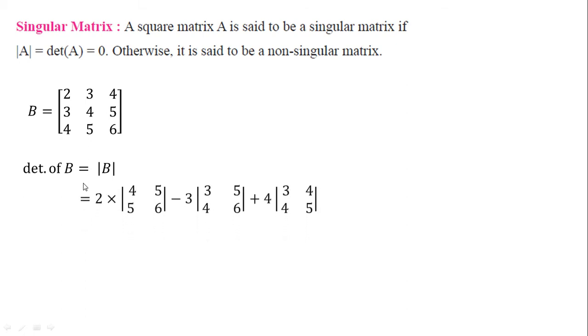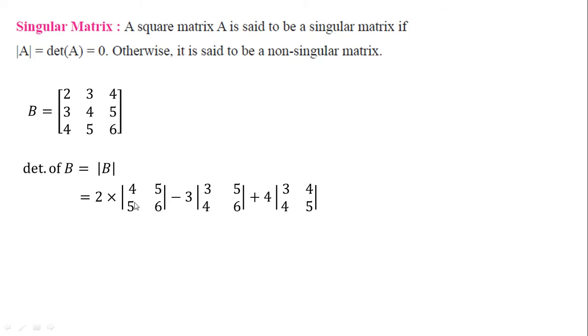Now by the same procedure, select 2 into, remove row and column, that is we get the determinant 4 5, 5 6. Then take the minus sign, minus 3 into, remove row and column, so 3 5, 4 6 here, plus 4 into 3 4, 4 5.